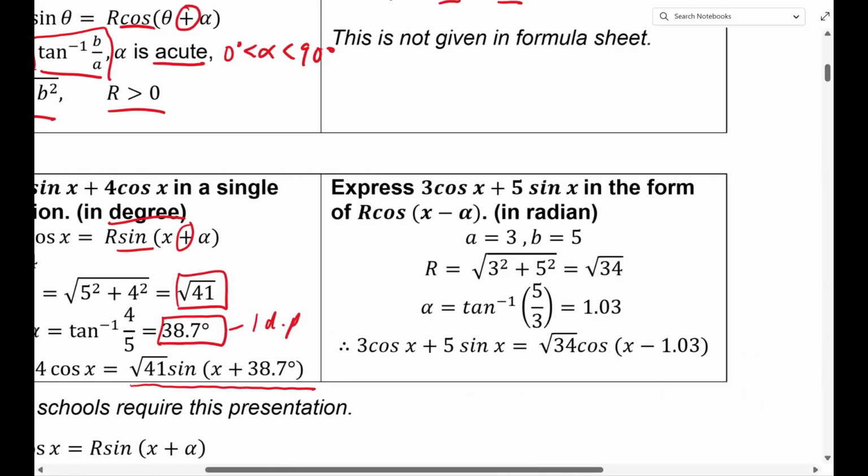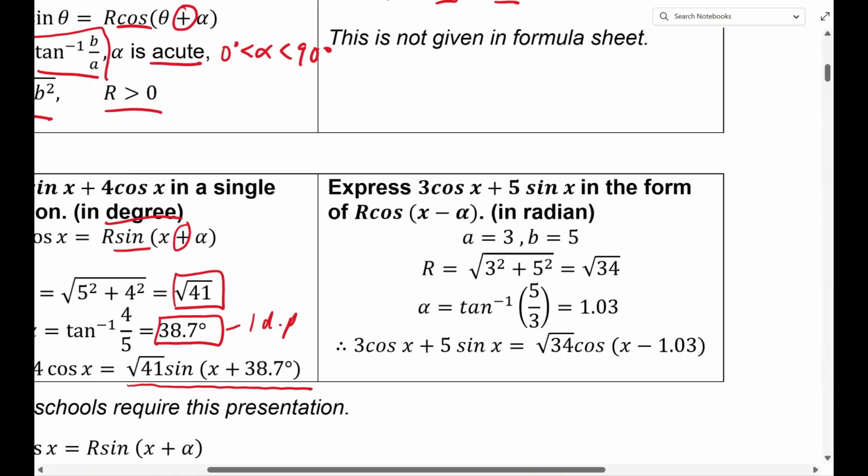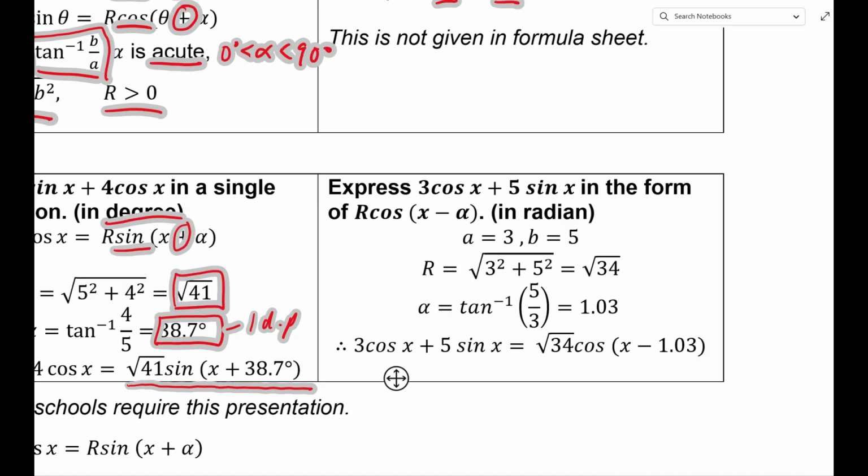Now, second example, express 3 cosine x plus 5 sine x in the form of r cosine x minus alpha. Note that this is in radian form. Since they already told us the formula we need to use, which is r cosine x minus alpha, we can just skip to the second step of identifying our a and b, which is 3 and 5 respectively.